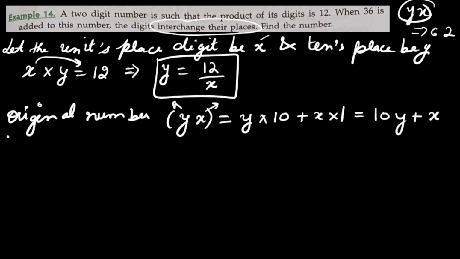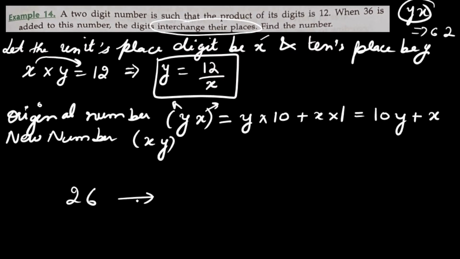Now suppose the new number is the reversal of the digits. See, if the number is 26 and I interchange its digits, that means unit place and tens place, it will become 62. The same thing is happening here.